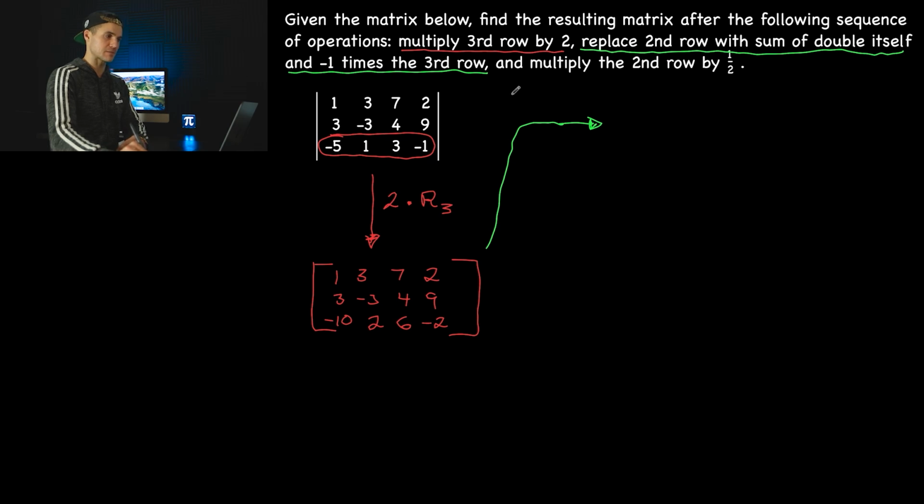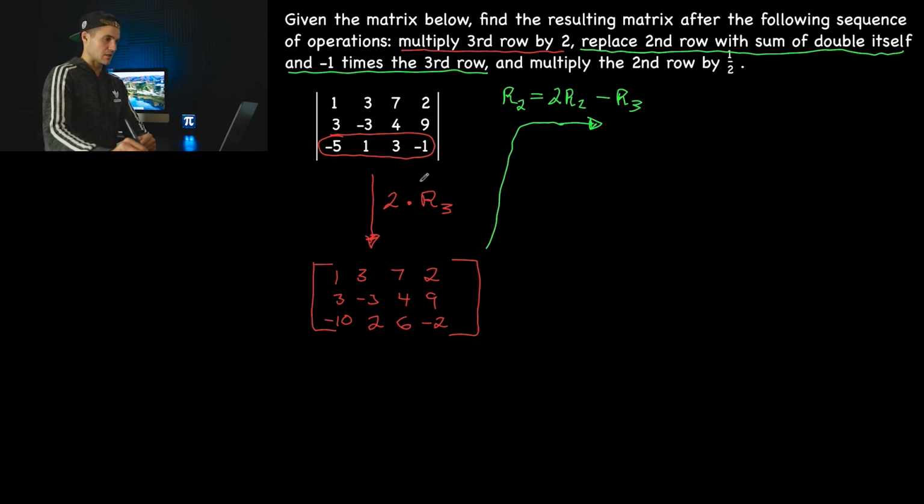Okay, so basically we have to take the second row, so the second row is going to equal the sum of double itself, so 2R2, and -1 times a third row, so plus -1 times R3, and then this plus a -1, we could just put a minus there, right? So we could just basically say like minus R3, right? That's going to be the expression for the second operation.